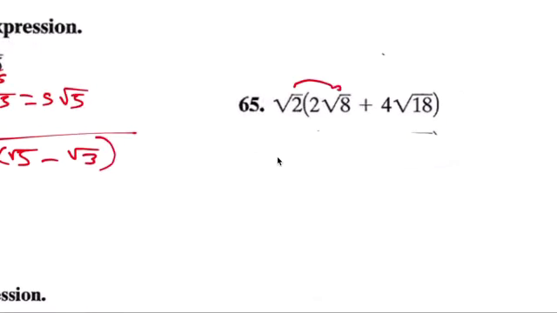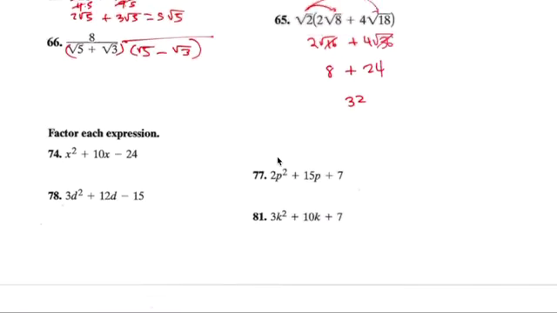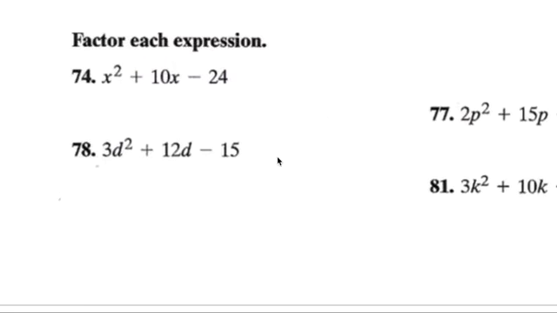This you just distribute, right? Make sure you know it's 2 radical 16 plus 4 radical 36. So that's 4, so that's 8. That's 6, so that's 24. 32 is your answer.